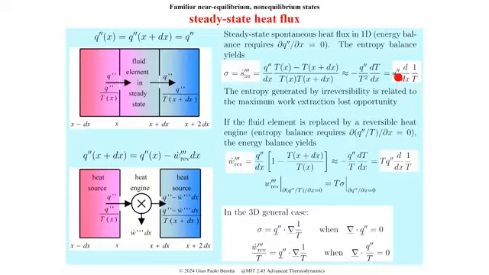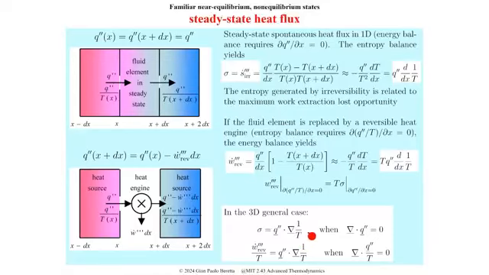This expression for the entropy production rate per unit volume is just the x component of the heat flux times the x component of the gradient in 1 over T. It becomes the dot product, the scalar product, of the heat flux and the gradient of 1 over T, which is a vector.